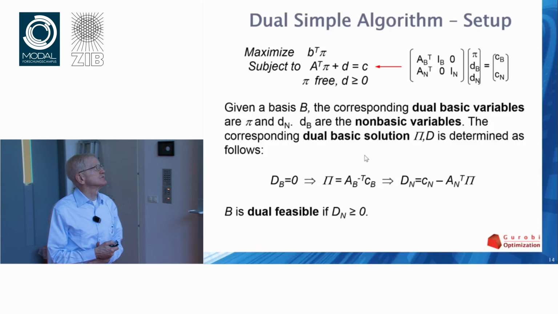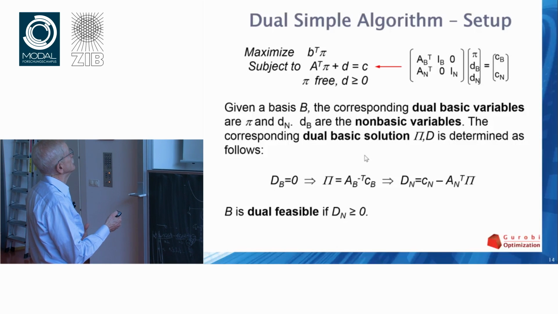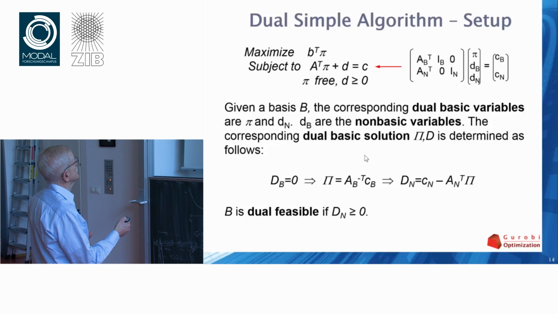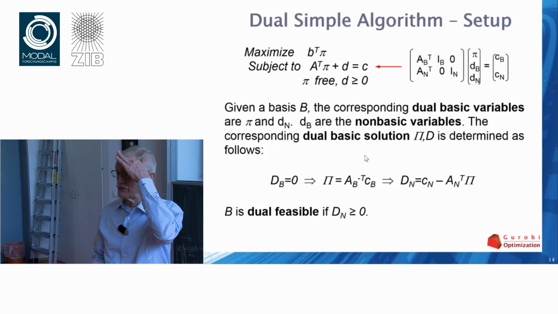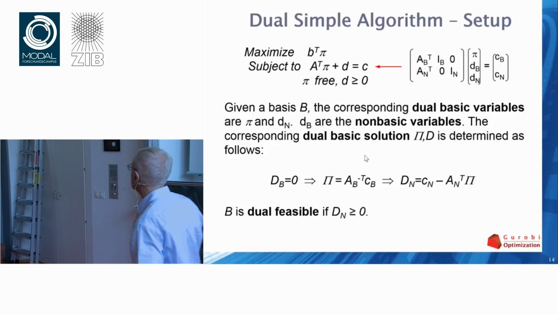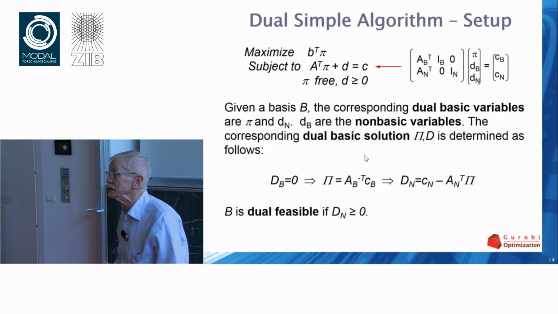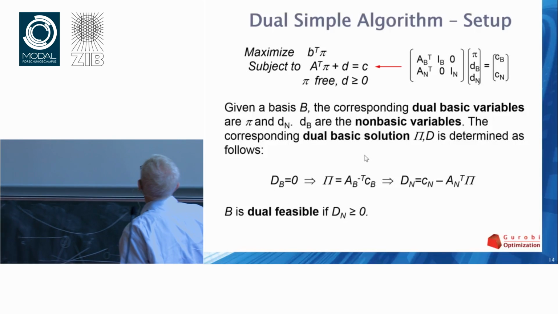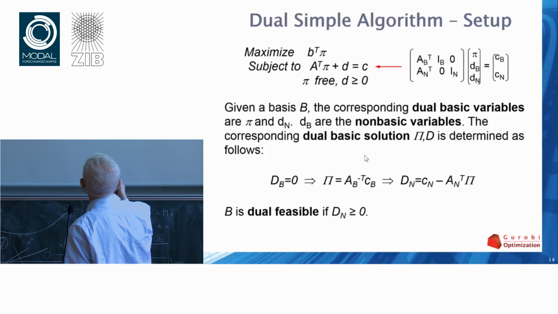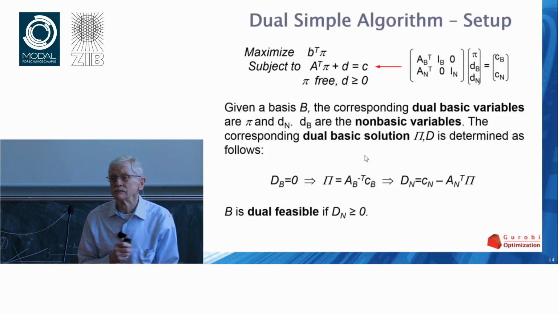So, let's at least convince ourselves that this choice, by taking pi and dN, actually is a legal basis. For that to be true, the corresponding submatrix has to be non-singular. But that submatrix is made up of the A_B transpose part and the I_N part. The part in the middle is gone.